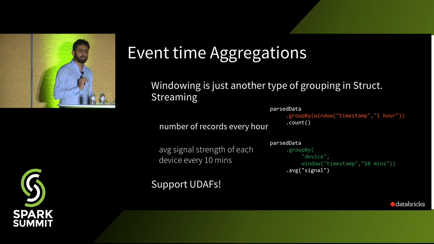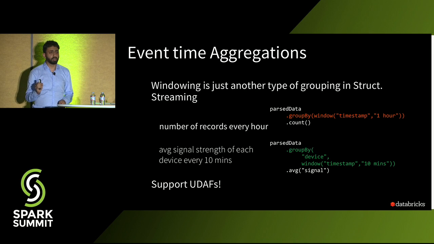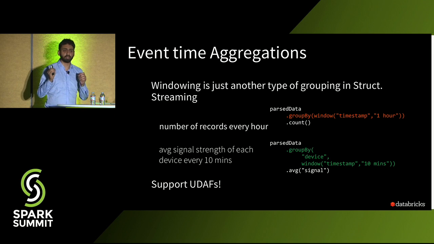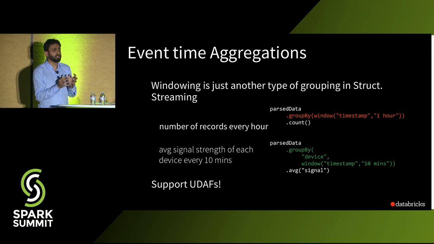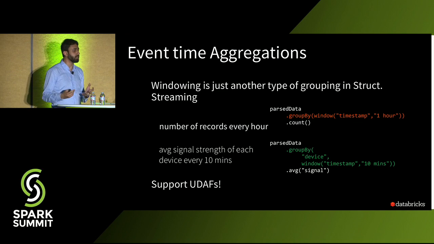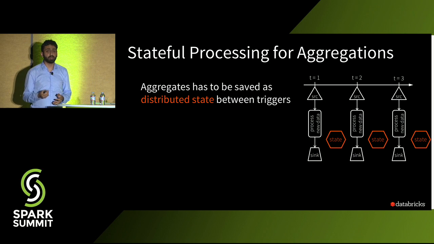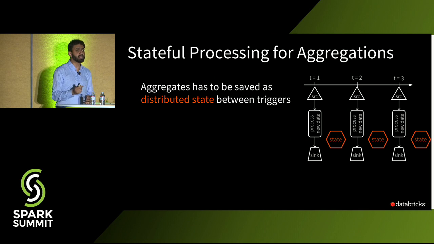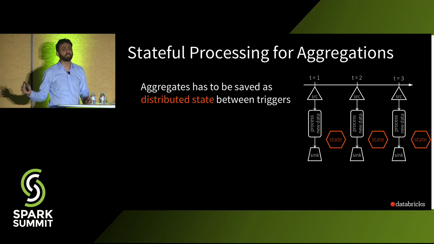Now, note that this is essentially a running aggregate. So if I do, let's say, just a count, I'm not getting the count of just each batch. I'm getting a cumulative count that is continuously being updated as more data comes in. And to do something like that, you need to maintain state across the duration of the query.